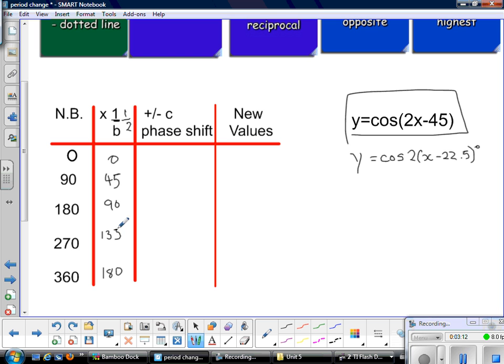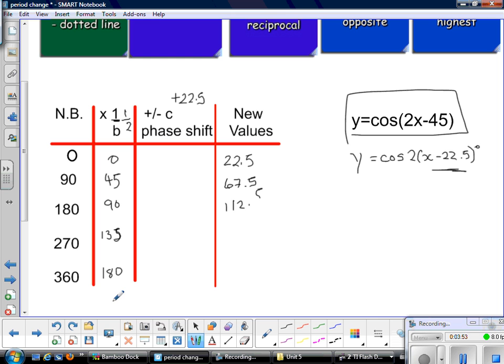The next thing that I would do is add or subtract the phase shift. Now in this question it's minus 22.5, so I would add 22.5 to each one of these values here. So when I add that, I end up with 22.5, 45 plus 22.5, we're looking at 67.5, then 112.5.